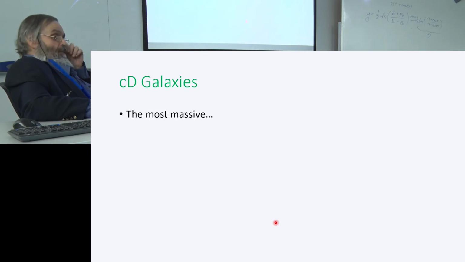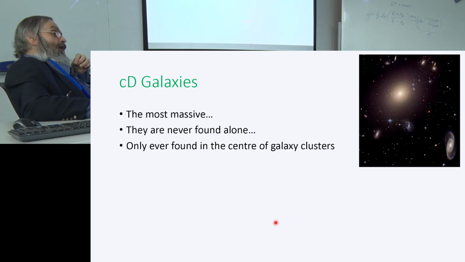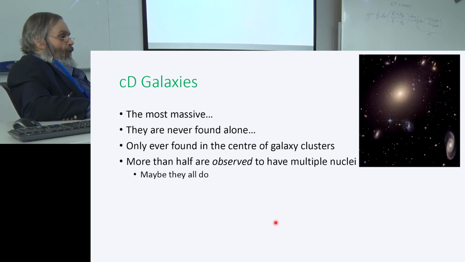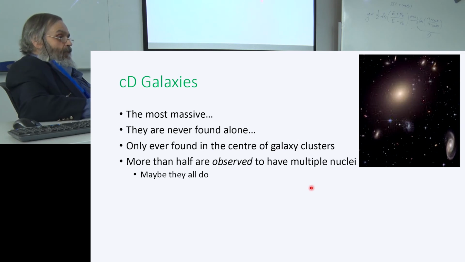So no, these are the most massive, and they're never found alone. They're only ever found in the centre of galaxy clusters, and that's a substantial hint to their evolution or their origin. More than half of them are observed to have multiple nuclei in the centre, so it's quite likely that they all do, and we just haven't been able to observe them because of projection effects.